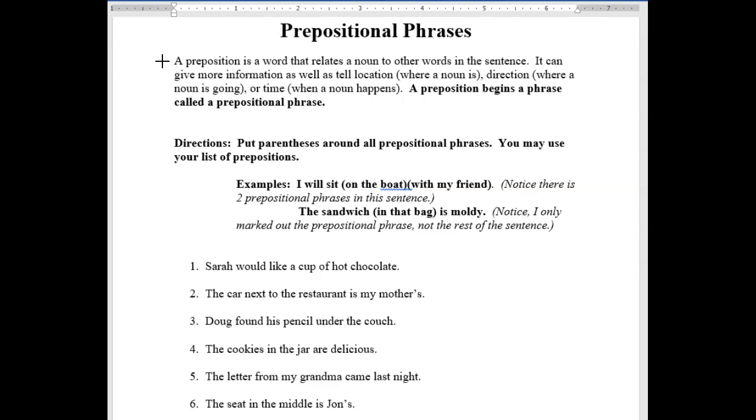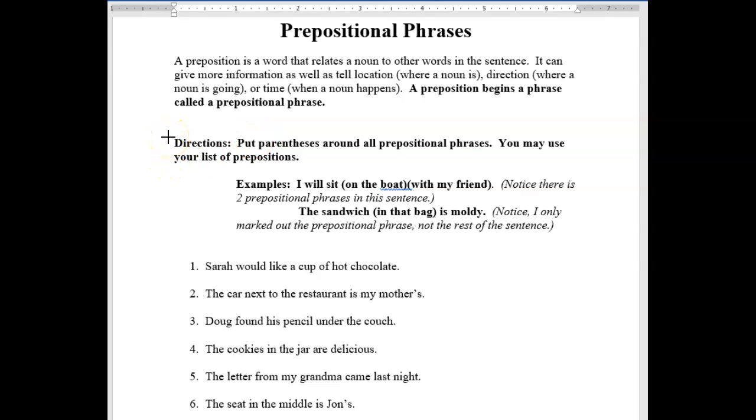Now remember, a phrase is just maybe 2, 3, 4 words. It's not a complete sentence. It's just 2 or 3, sometimes 4 words. So let's move on down our page here. All right, let's look here.